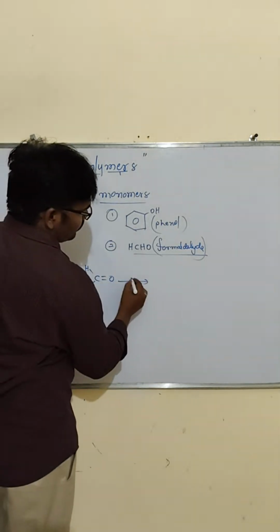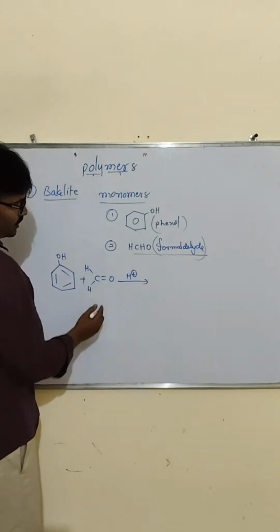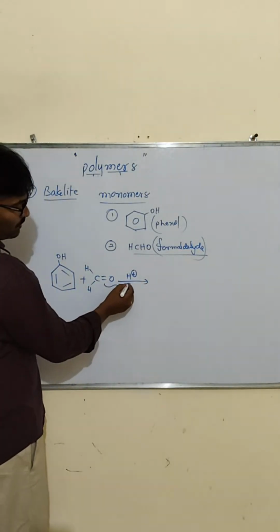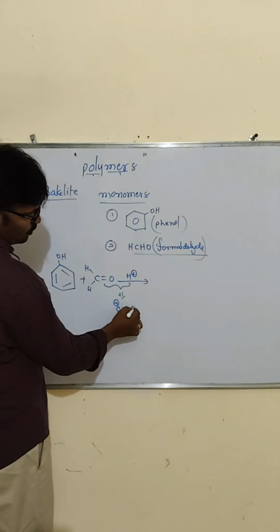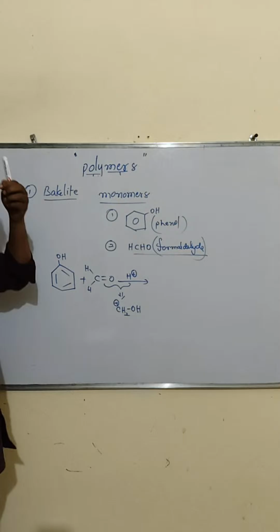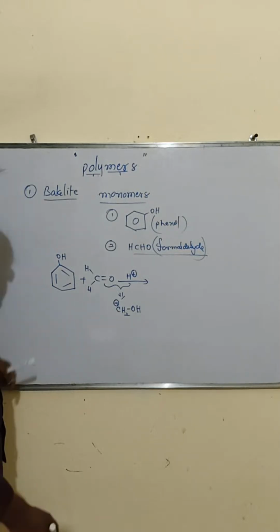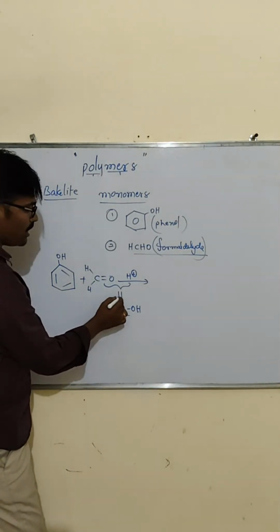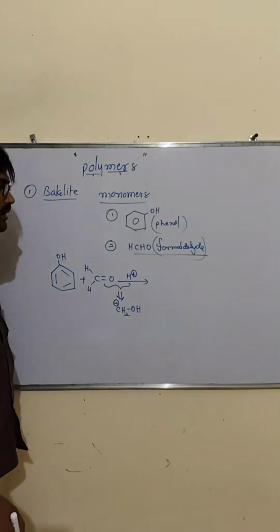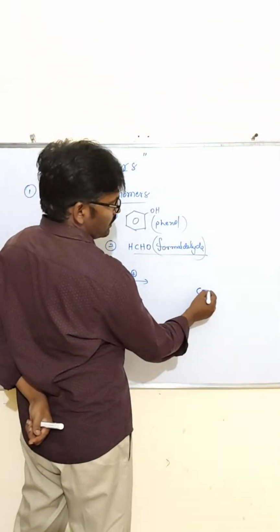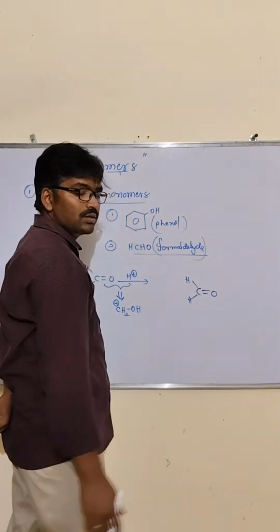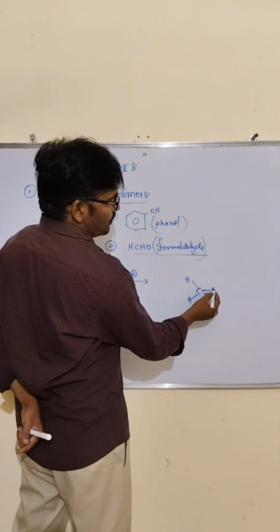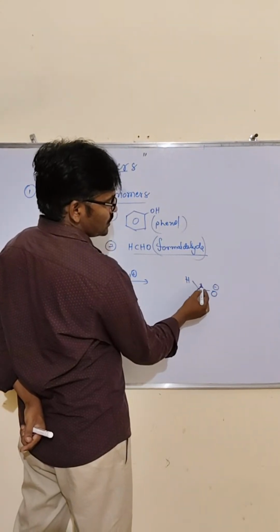So in the presence of acid, the reaction takes place and CH2 plus OH will be formed. So formaldehyde and H plus will connect. Formaldehyde is C double bond O, H bond H. Here partially negative charge, here partially positive charge.